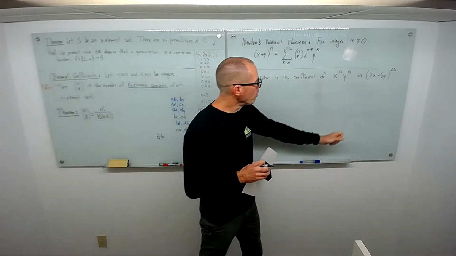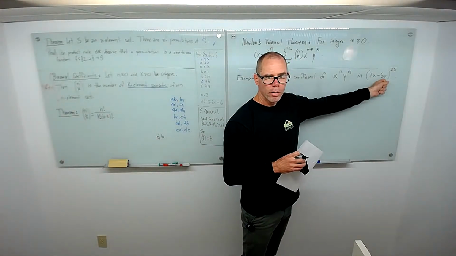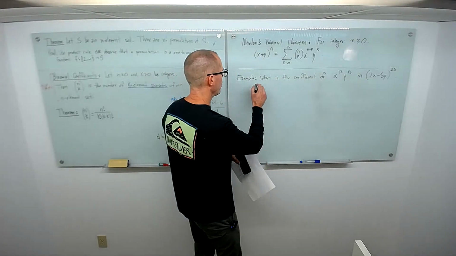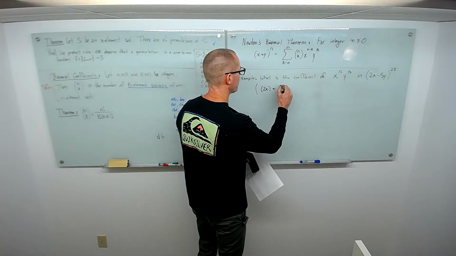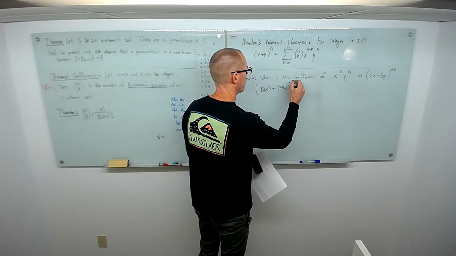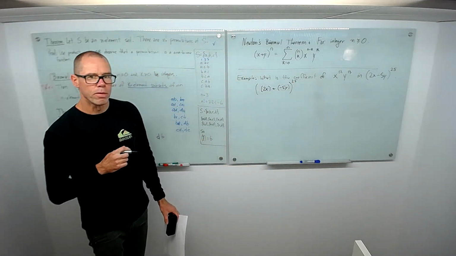So here I have a sum of 2 things, 2x minus 5y. Okay. So I write this out. This is 2x plus minus 5y to the 25. Better to think of it that way.